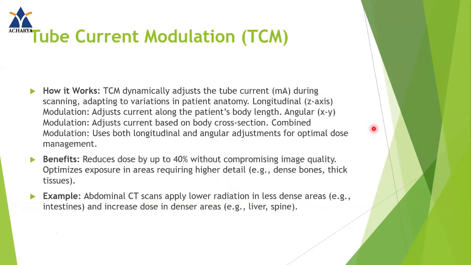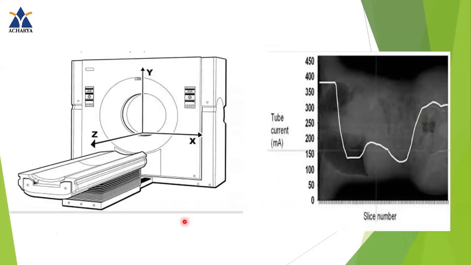Based on that, an equal amount of radiation will be received by all the organs and proper image quality will be obtained. For example, like I told, in abdomen CT scans, lower radiation is required in the less dense area, that is near the intestines, and increased radiation near the liver. In this particular region, liver, kidney, spleen, and all will be present.